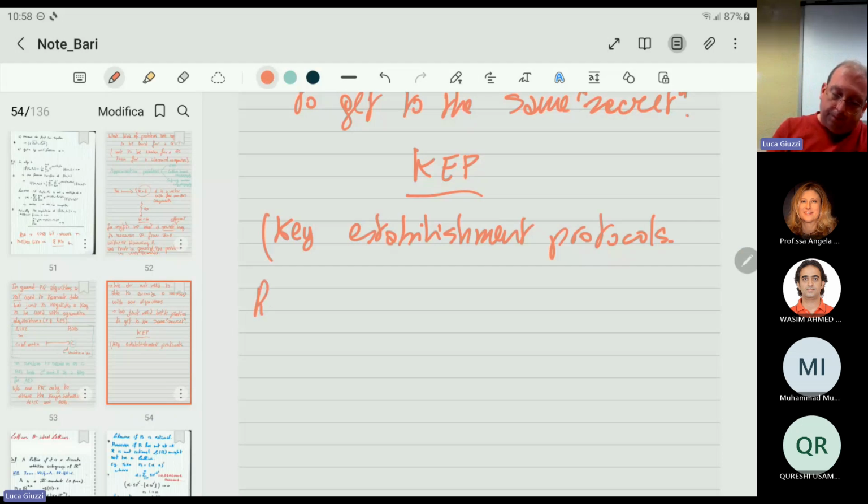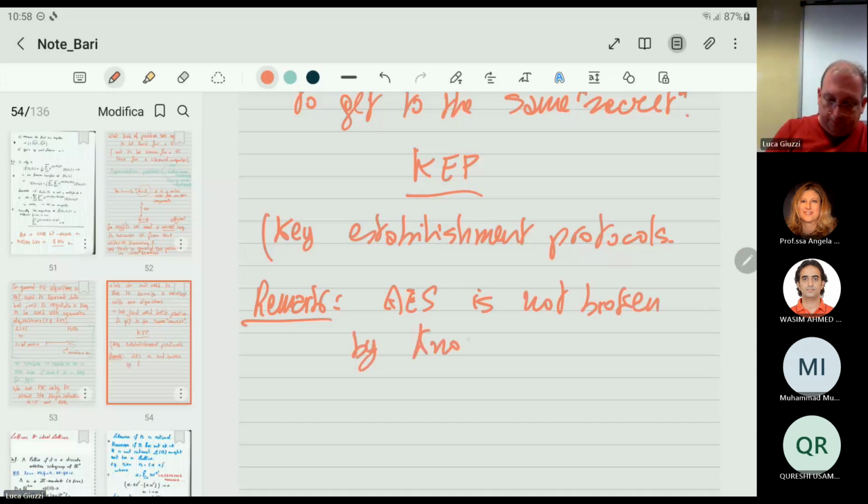Another remark: AES is not broken by any known quantum algorithm.